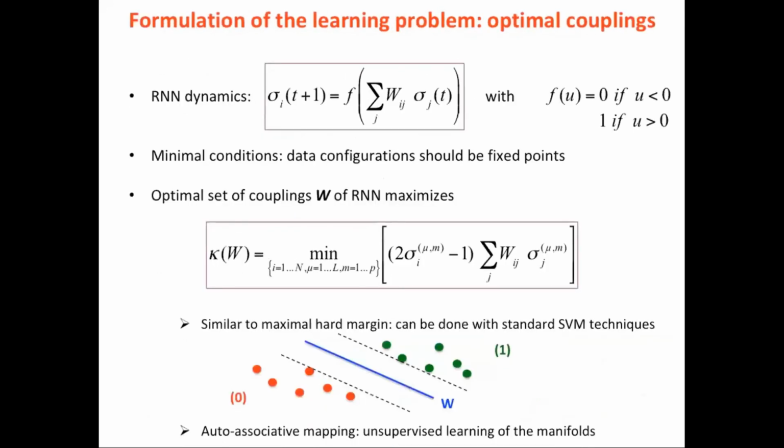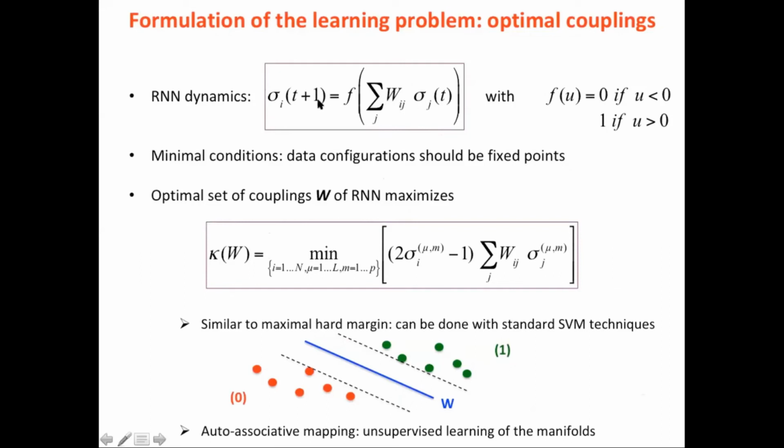Which dynamics am I considering here? It's a very simple recurrent neural network dynamics. At any time t, I have a configuration of my n neurons, which are 0 or 1. I simply build the current, or let's say the input onto the postsynaptic neuron i, as a sum over j of w_ij sigma_j.